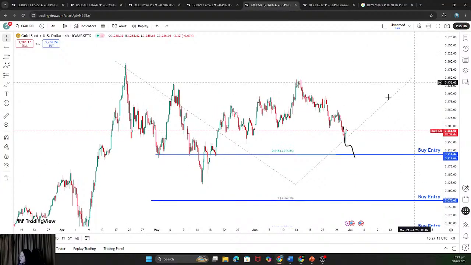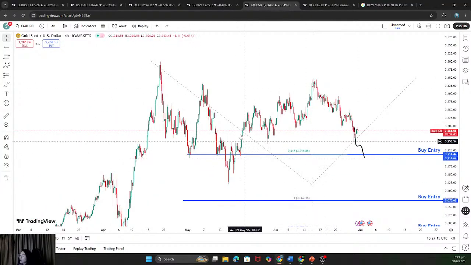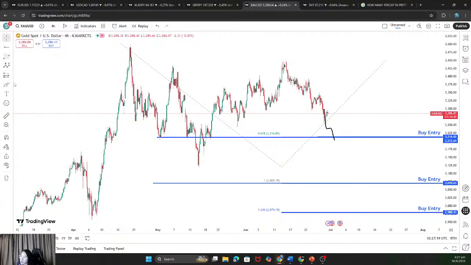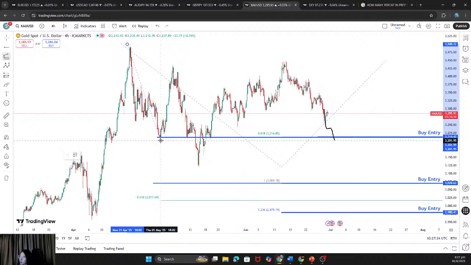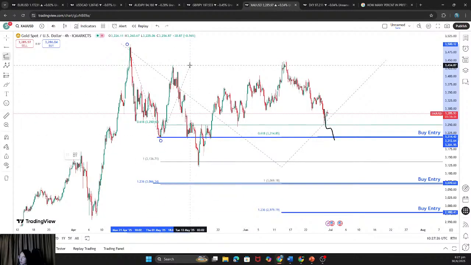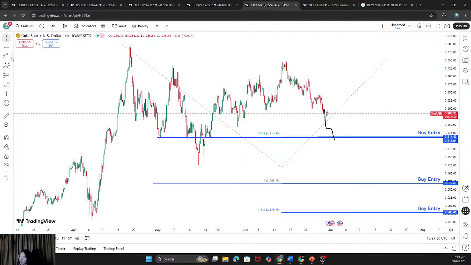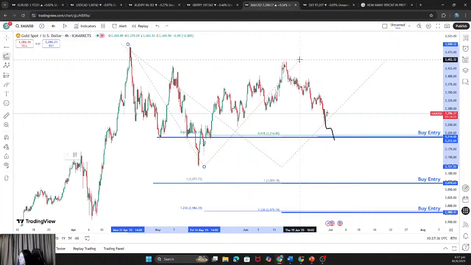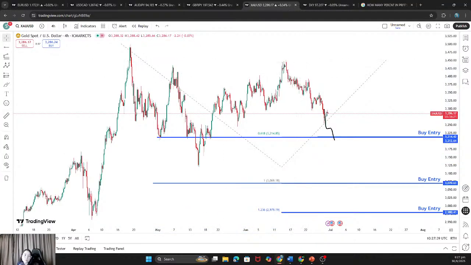So structurally with gold, it's just so hard to tell. It is just so hard to tell, honestly. Just give me a moment. Yeah. Okay, I'm happy with that. Happy with this one.